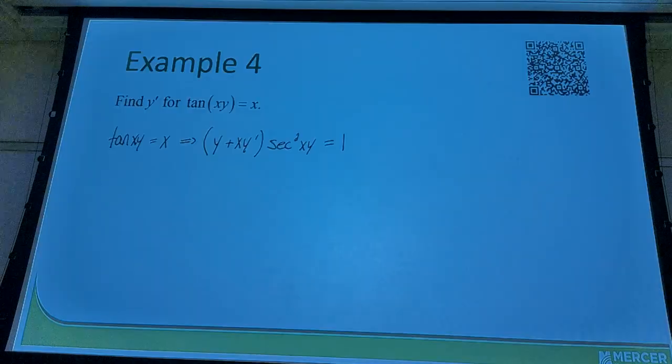Solve for y prime. Distribute first, right?